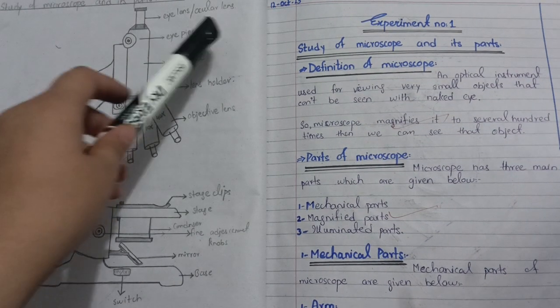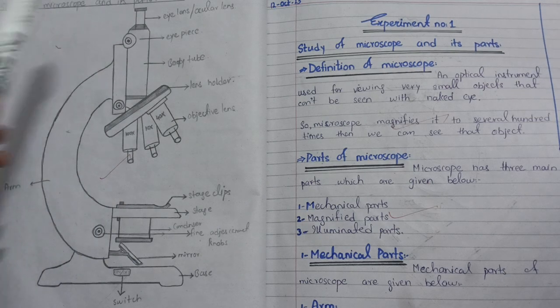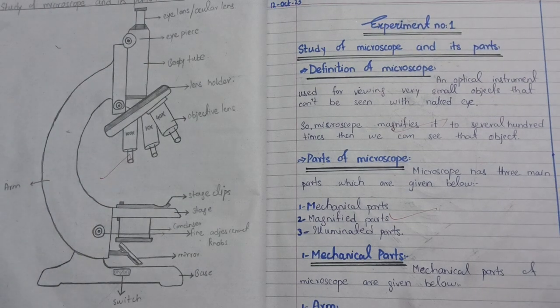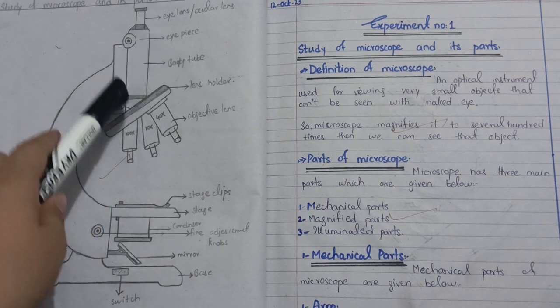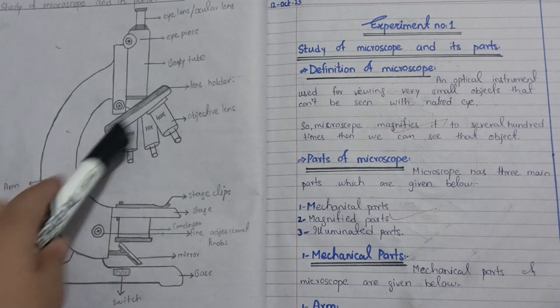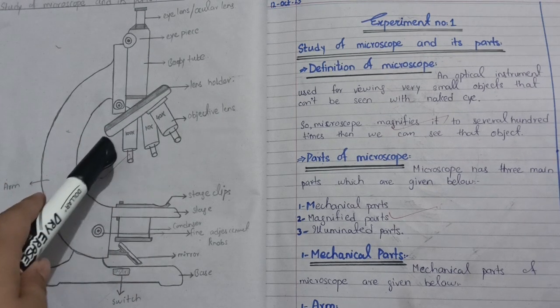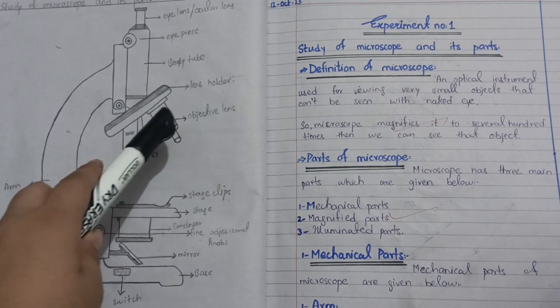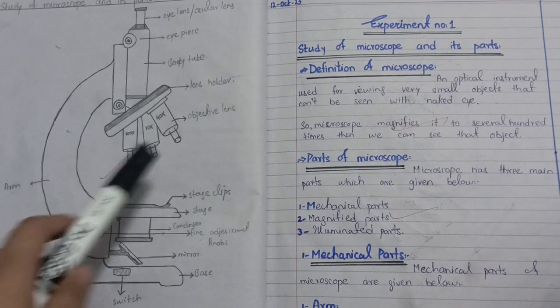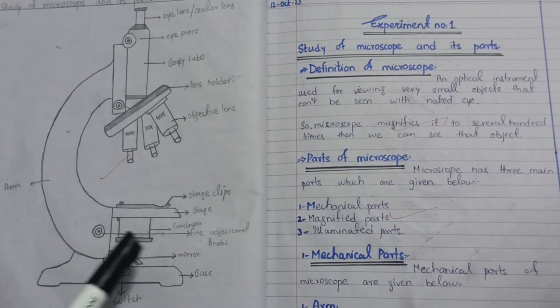Then this is the eye lens, the ocular lens, onto which you put your eye and then you will see. This is the body tube and eyepiece. This is the lens holder, and these are the three lenses of different magnifications, 100x, 10x, and 40x. These are called objective lenses.